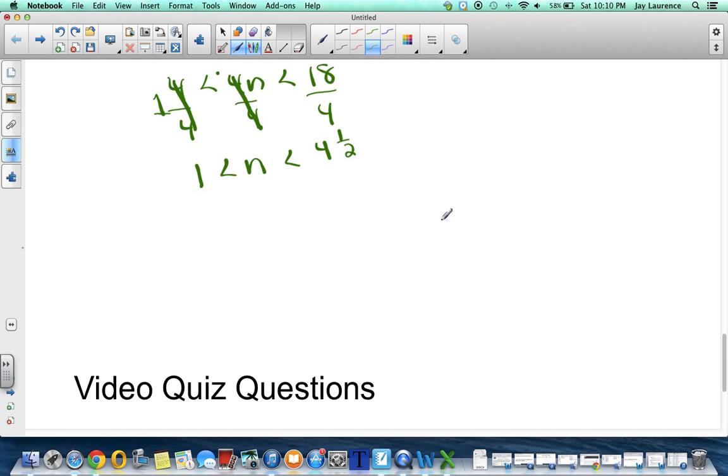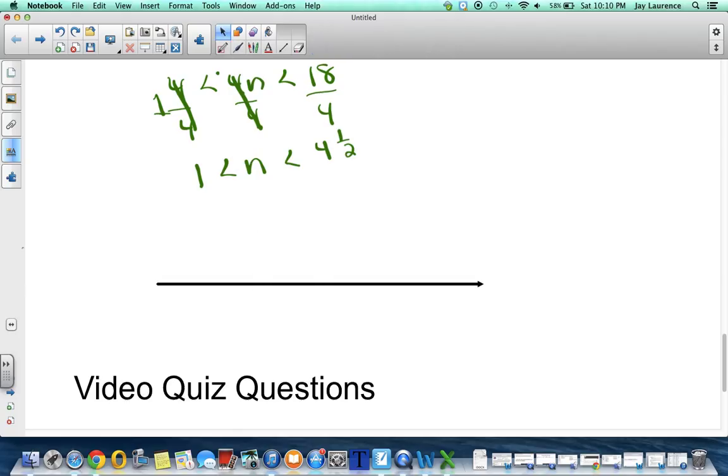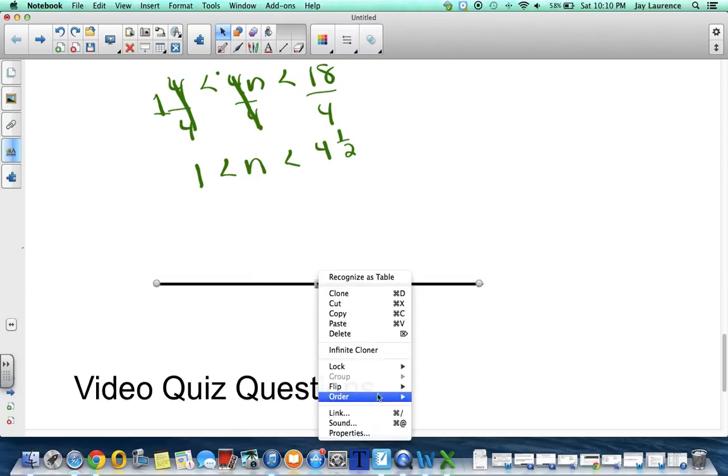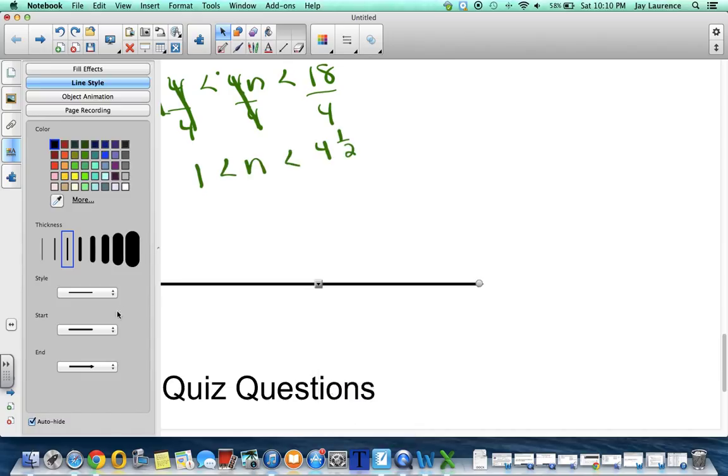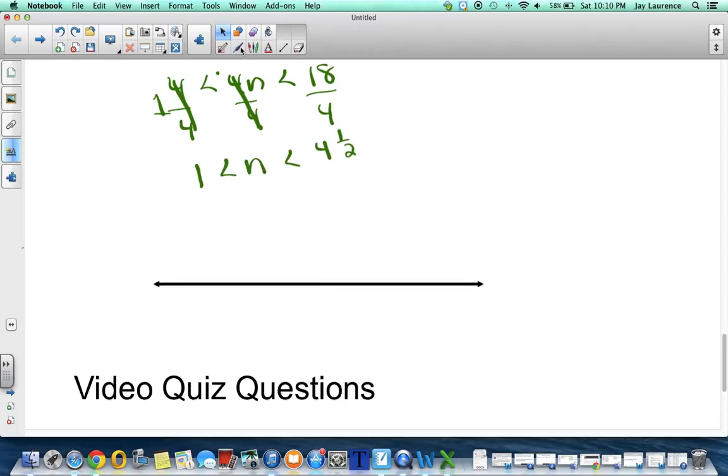All right, so my number line is going to look like this. And let me see here. All right, and I'm going to show 1. I'm going to show 4.5. They're not equal to, so there'll be open points.